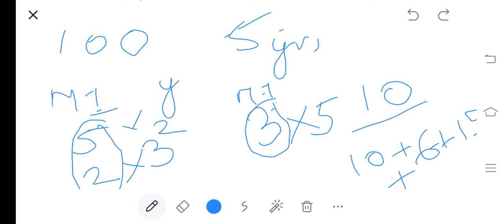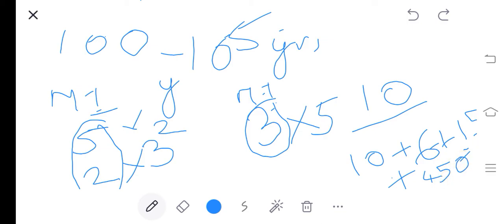Out of 100 there are 10 people who got MI. Remaining 90 people are there. These 90 people are followed for 5 years. So 90 × 5 would be 450. So you have to add 450.